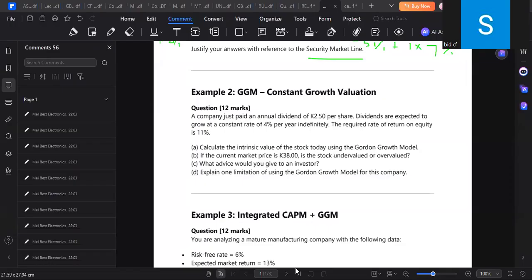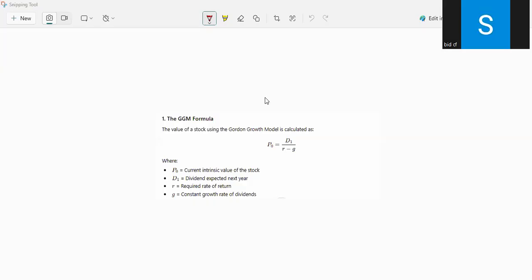And Gordon's model, or alternatively called the constant growth, the Gordon growth model, is given by the following formula. P0 is equal to D1 over R minus G, where R is the required rate of return, G is the growth rate, and P0 is the intrinsic value.